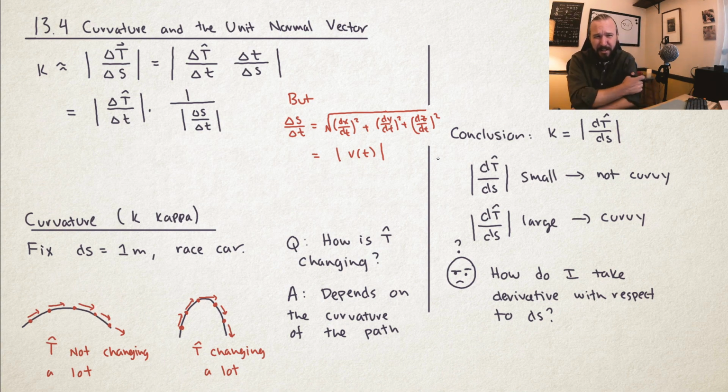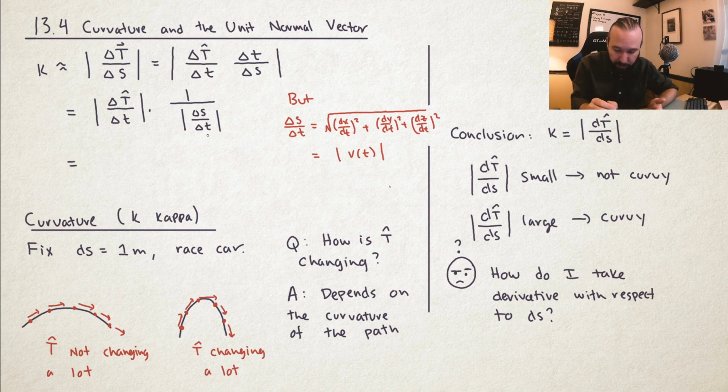In our distance equals rate times time reasoning, this should be a rate, right? Change in distance divided by change in time should give us a rate. This thing is the speed. So that's what I have right here, 1 over this change in distance divided by change in time.